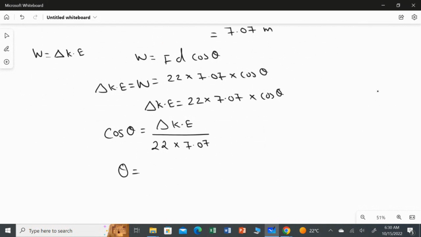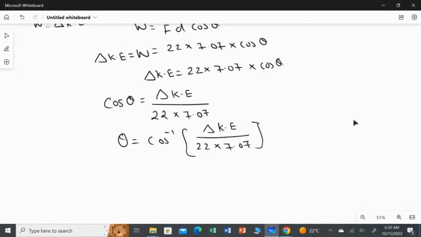Therefore, theta is equal to cosine inverse of change in kinetic energy over 22 multiplied by 7.07. So now we have to substitute the value of the kinetic energy. So this is the equation for finding the angle. Am I right?